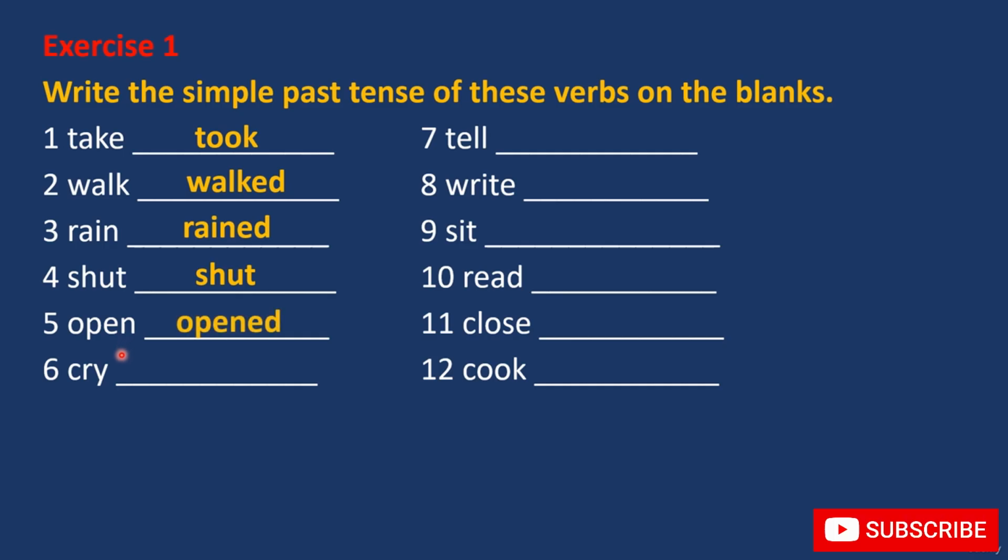Opened. Cry. Excellent. Cried. But I need you to think of the spelling of the verb cried. Yes, there is some change that we have to do. Excellent. Cried, C-R-I-E-D. Great.